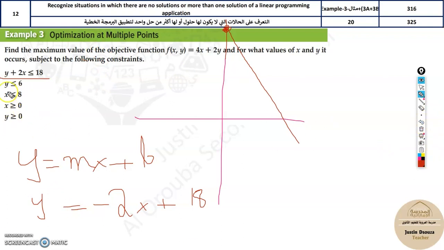Now, y is equal to 6. So this was 18. So 6 would be, this is 9, somewhere over here. I'll draw a straight line. Y is equal to 6 and y is equal to 0. Now, here the solution is less than 6. So anything inside this and greater than 0. Same way, x is less than 8 and greater than 0.